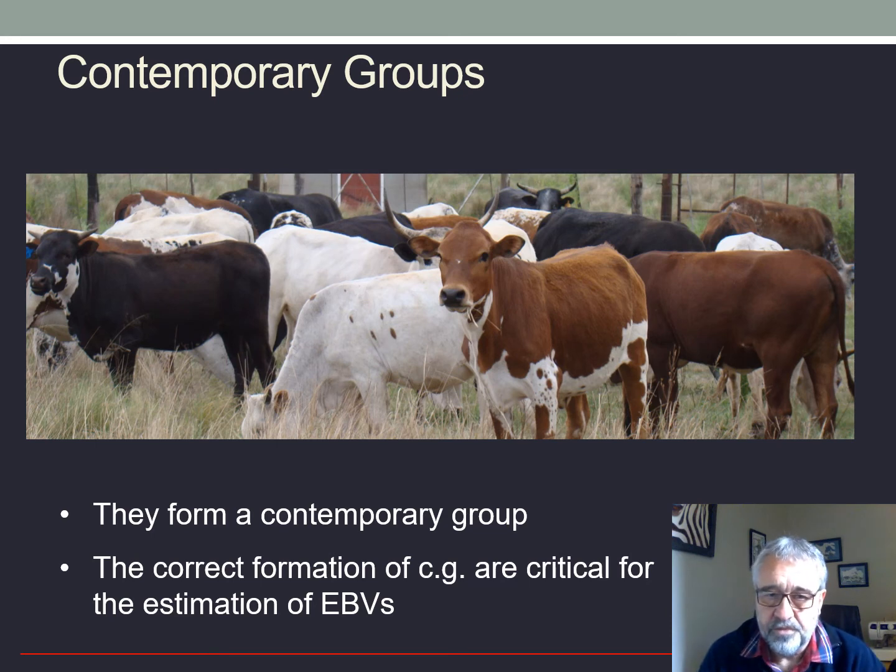In this instance, for example, it's a better comparison because these animals form a contemporary group. Those are heifers born and raised on the same farm. There is other critical information: they are of the same breed, so the genetic merit is being predicted in the same breed, and they are comparable. It's like somebody competing in the same 100-meter race, where the conditions are the same, the same track, the same time of day, the same altitude, and it's comparable.